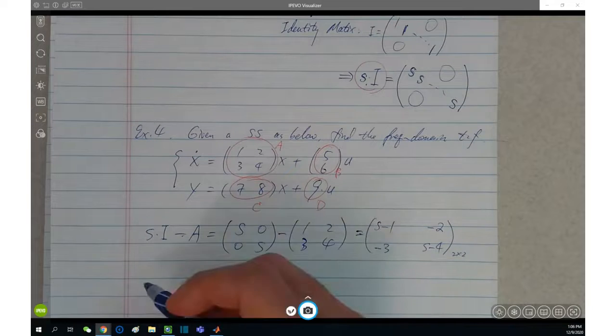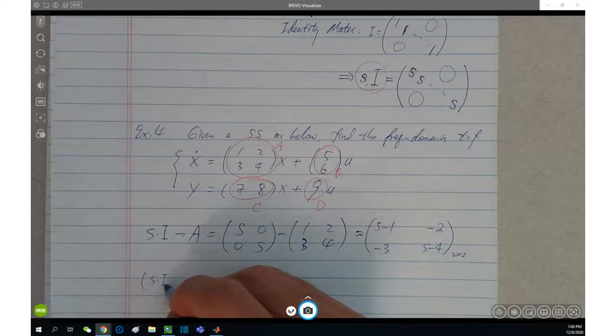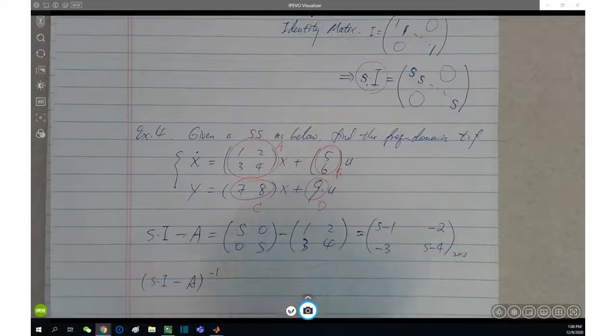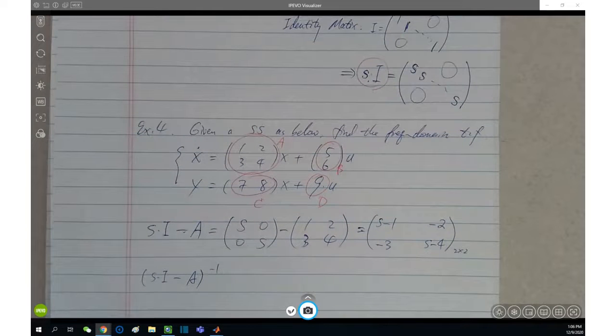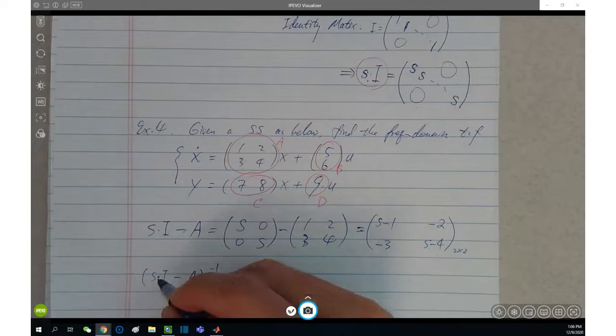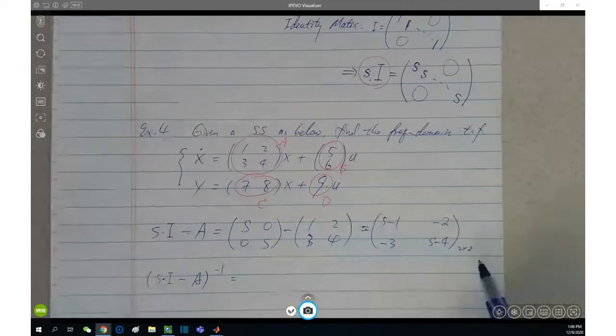After that, we start to find the inverse matrix. How do we find the inverse matrix? Does anyone know how to find the inverse matrix of this? What did you guys learn from math class? Transpose?